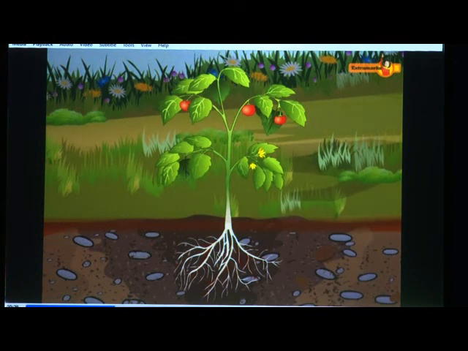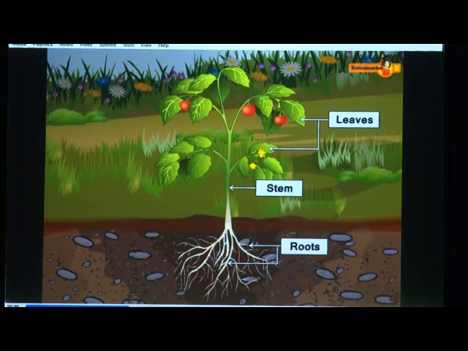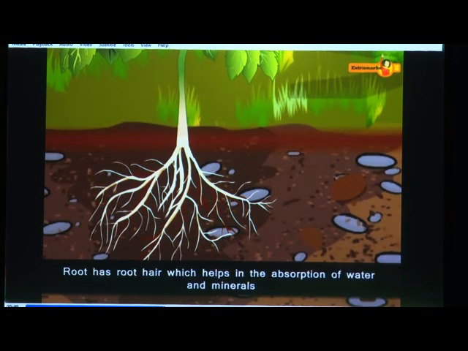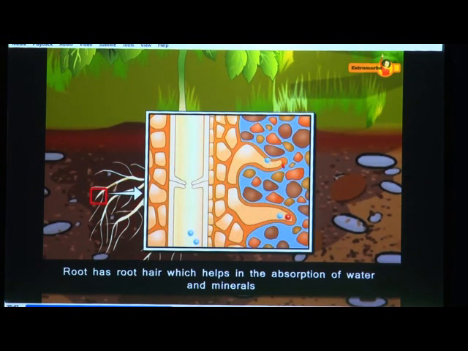Plant is mainly divided into root, stem and leaves. Root is the underground part of the plant which grows vertically down in the soil. Root has root hair which helps in the absorption of water and minerals. They also help in holding the plant to the soil.